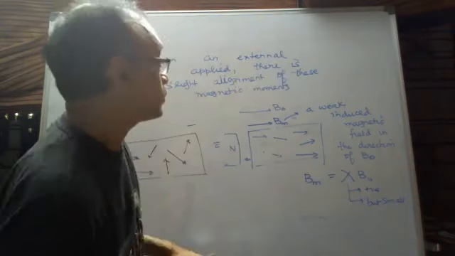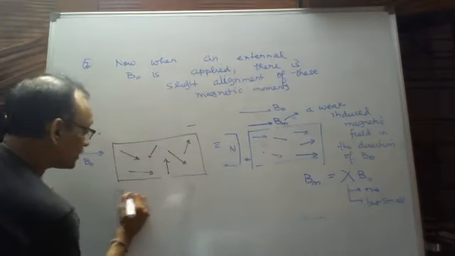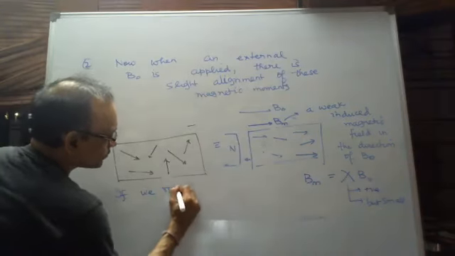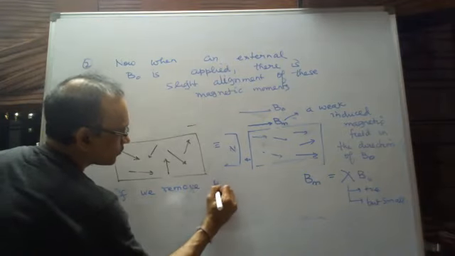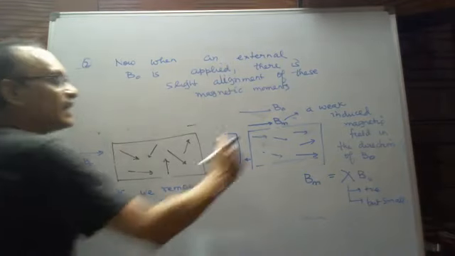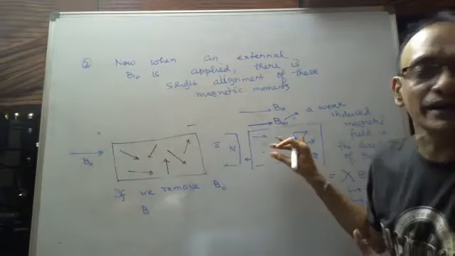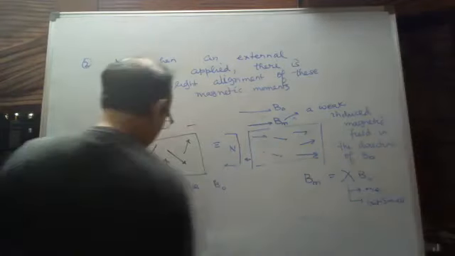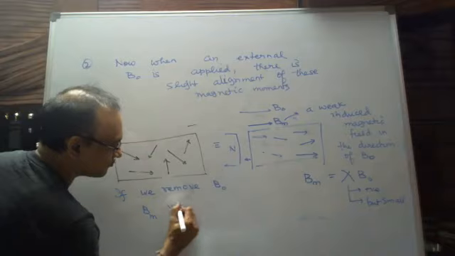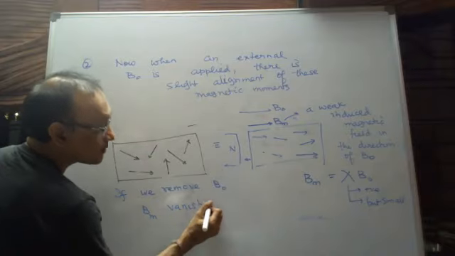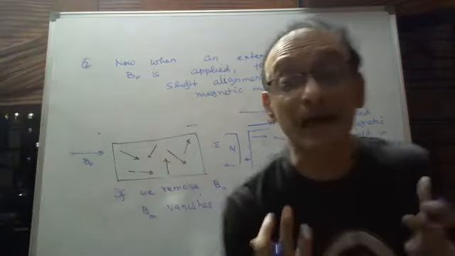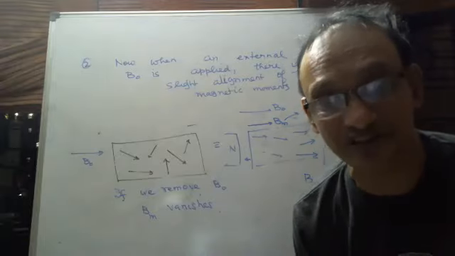Not only that, if we remove B0, ये वापस अपना ओरिजिनल रैंडम पोजीशन में आ जाएगा. Bm vanishes once again. मतलब magnetism is lost. Bm is a measure of magnetization produced.